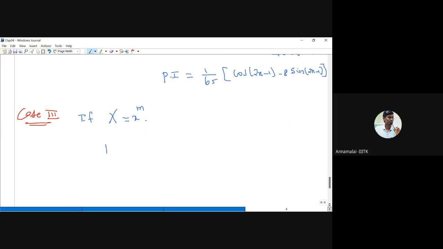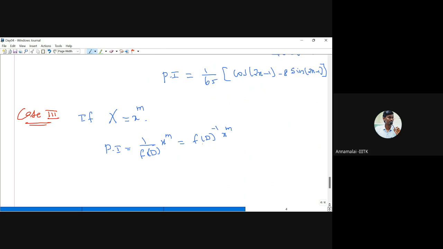The particular integral is 1 by f of D into x power m. We can take f of D to the numerator, and we get f of D inverse x power m.